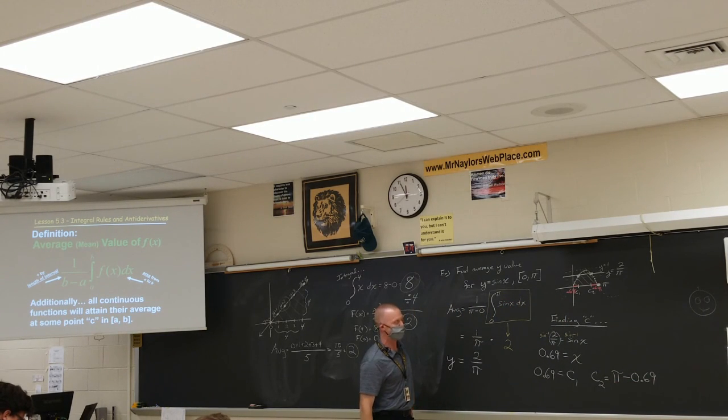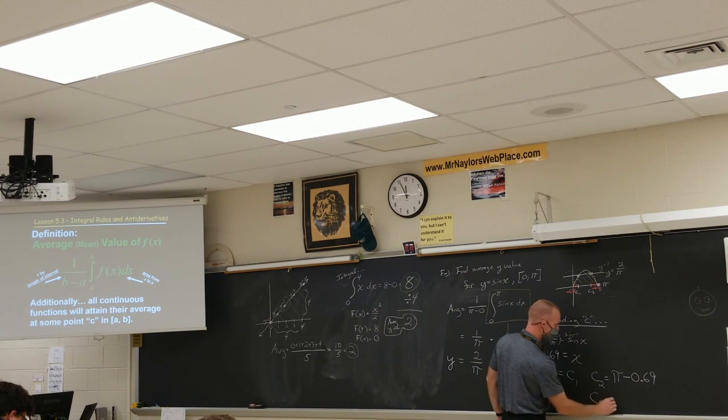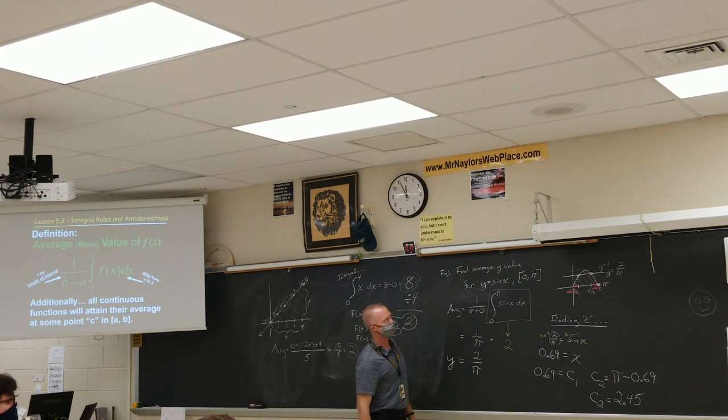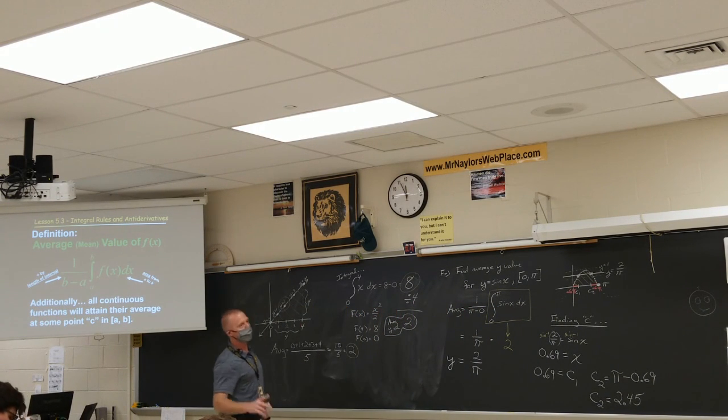Okay, and maybe you put that in your calculator and you take pi minus 0.69 as a decimal and you get 2.45. Okay, so this problem has 2 answers. Again, it's kind of unique. Make sure you realize what's going on.